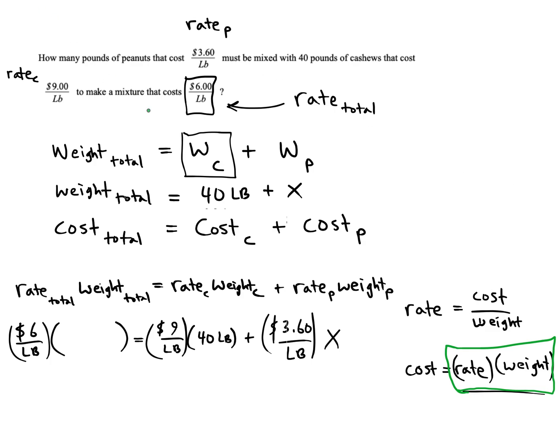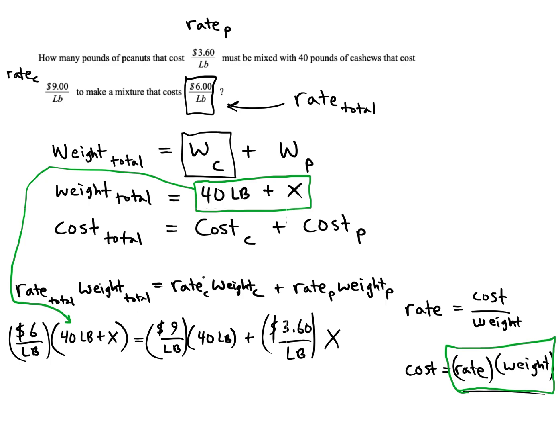But since this represents our total weight, we can actually plug that in to our expression right here. And so we'll get 40 pounds plus x. Now it's an equation that we can solve for x.